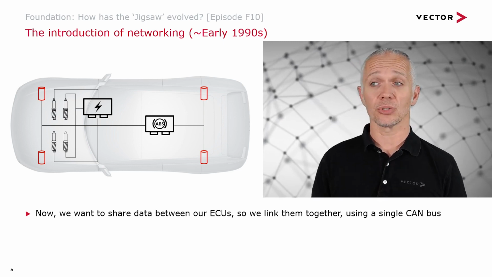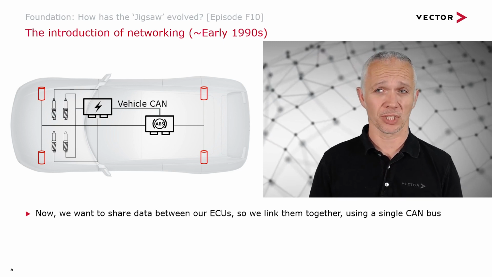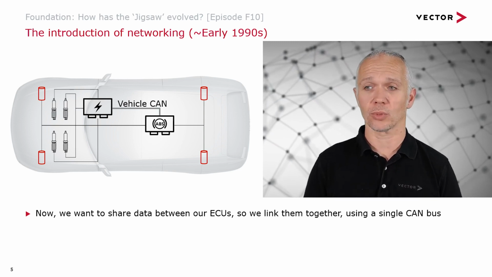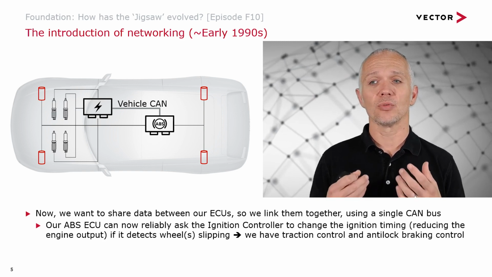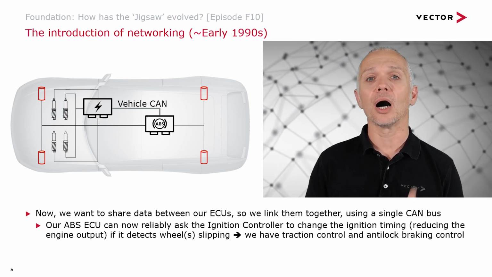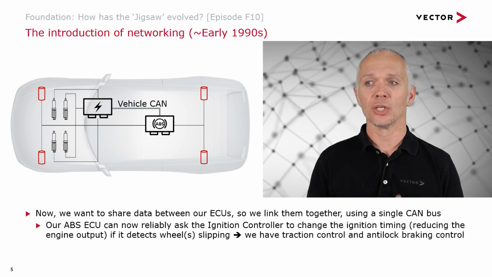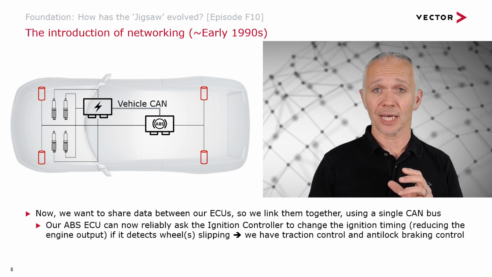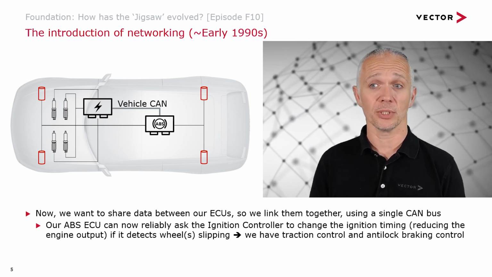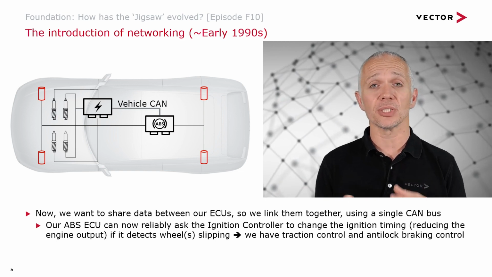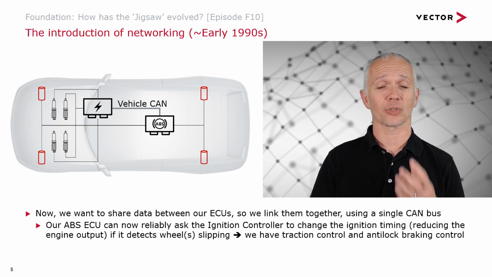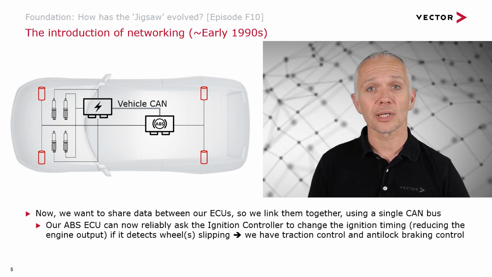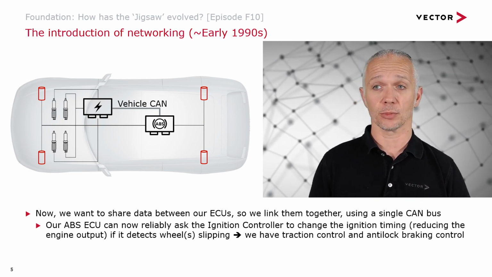So we're going to introduce a single CAN bus, which for the sake of simplicity, we'll call vehicle CAN. And our ABS ECU is now reliably able to ask the ignition controller to change ignition timing, and this reduces the engine output if the ABS ECU detects that wheels are spinning, and this means we have got traction control alongside our anti-lock braking control.